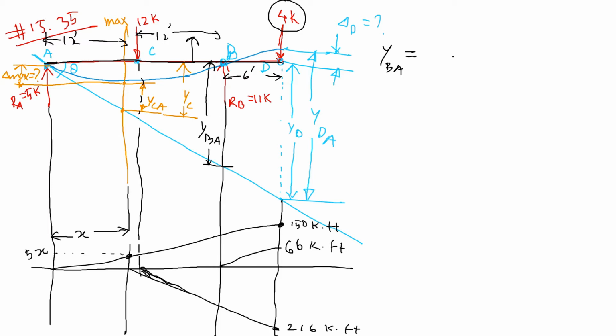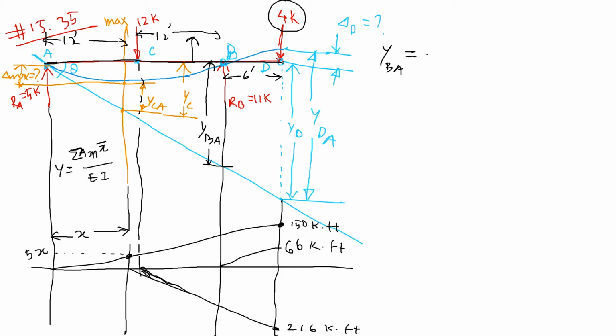So if we calculate using the second moment-area method, any deflection can be calculated as the summation of all areas under the moment curve times their centroid distance, divided by EI.